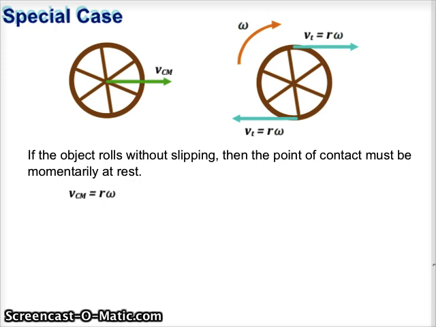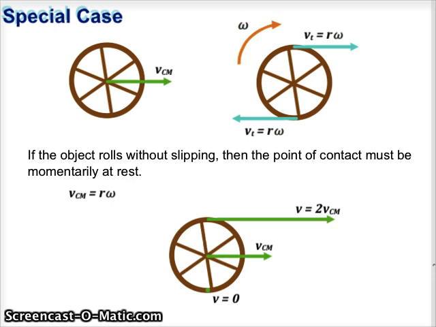It allows us to say that the velocity of the center of mass must actually equal the tangential velocity, because this point down here is moving forward at v CM, but based on its rotation, it's moving backwards at r omega. And so in order for that point to be momentarily at rest, those two values must equal each other. And this is going to be very useful for our calculations.